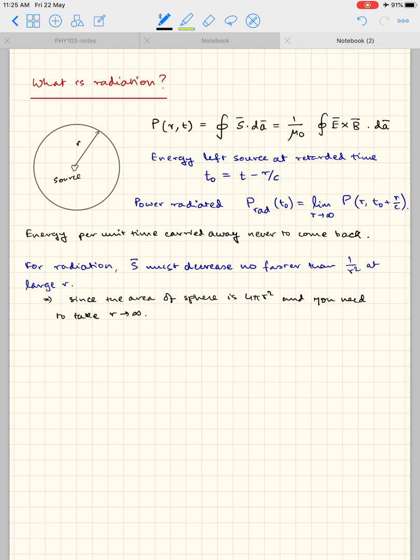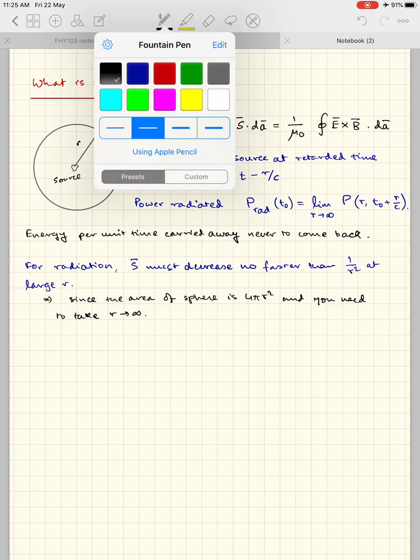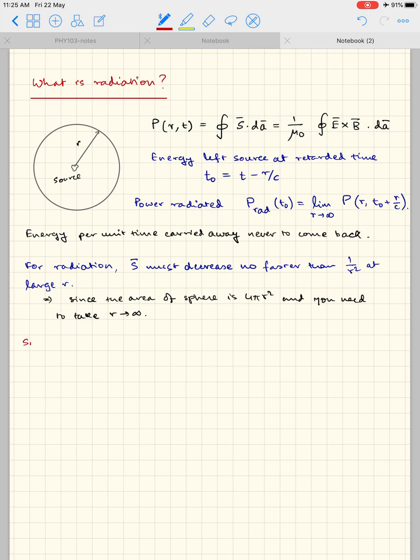So now let's think about the static case. Okay, the static case. So what happens there? If you're looking at Coulomb's law, for example, electrostatic fields fall off as 1 over r squared, or faster if the total charge is 0.